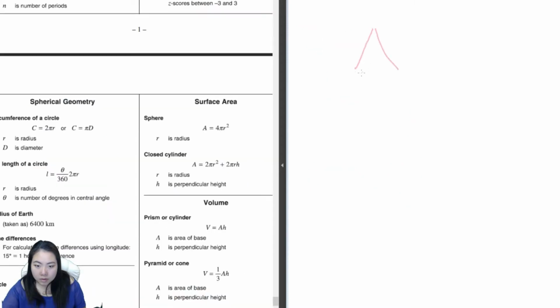First of all, we need to figure out how long the boat has to travel. And to figure that out, we need the arc length and the radius of the Earth, which is 6,400 kilometers. So finding the arc length would be 30 degrees on 360 times 2 pi r.